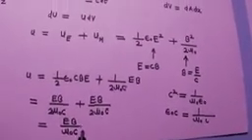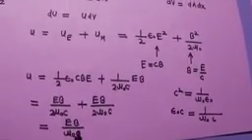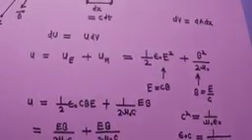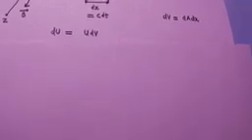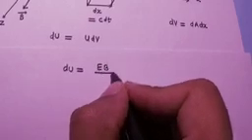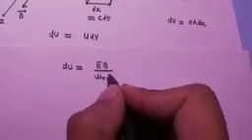We put the value of total energy density in this expression for energy dU. So dU becomes u, which is EB upon mu naught c into dV.